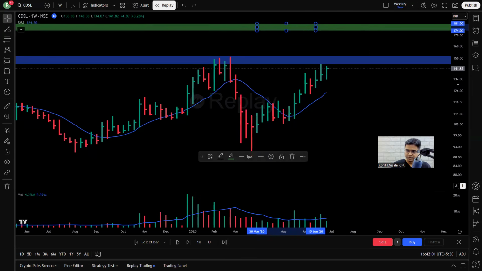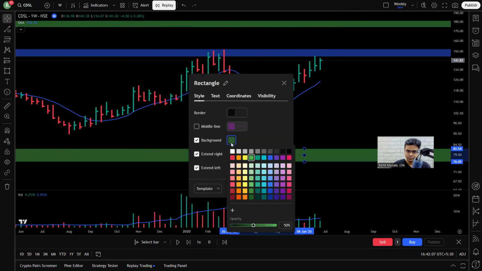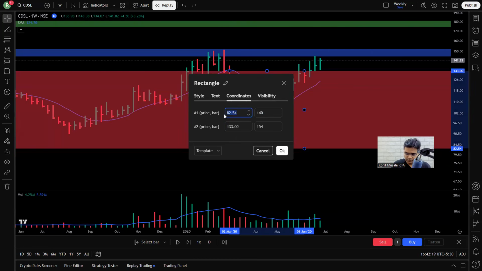That's the selling zone. Then let's do the stop loss zone. Red color. This is 145.27 multiplied by 0.92, which is 133. And this is 145.27 multiplied by 0.95, which is 138.